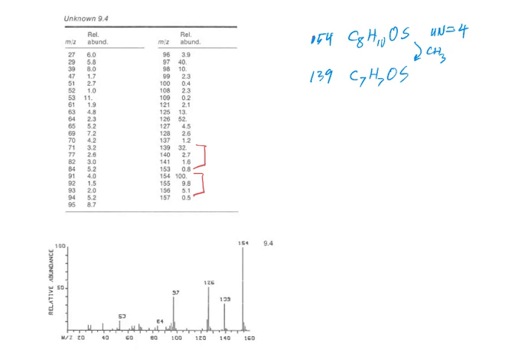We then probably have a benzene ring. Well, I'm just guessing because of the unsaturations. Right, we don't see any 77s, so we don't have a monosubstituted benzene ring at least, right? That's true.